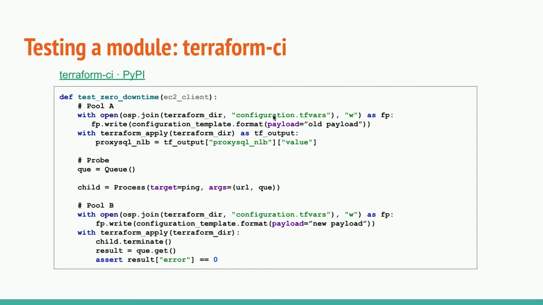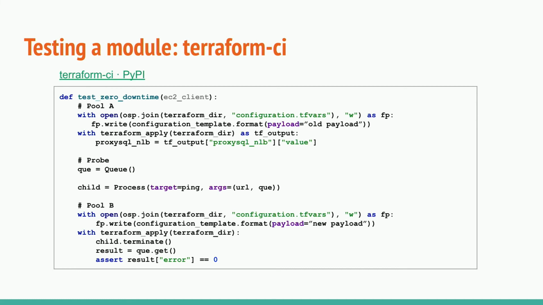First, I create some user data in a ProxySQL instance that creates a web server. Then I apply this configuration. I run terraform apply. Then I start a Python child process that runs ping.